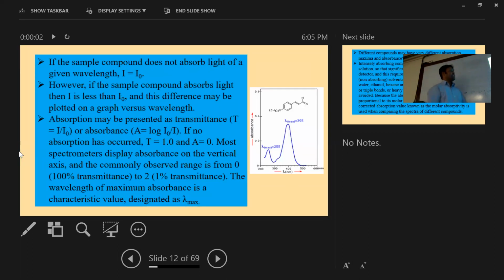Now, that is the observation we see. If the sample compound does not absorb light of a given wavelength, then I and I naught should be the same. We are getting I equal to I naught. However, if the sample compound absorbs light, then I is less than I naught.